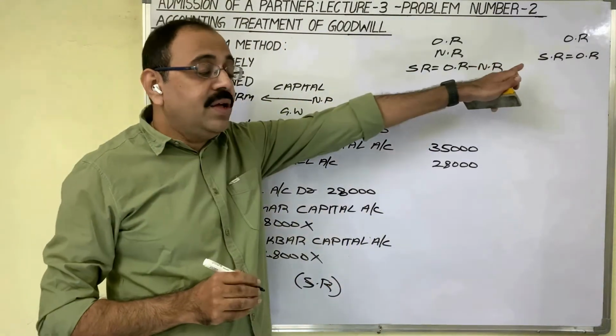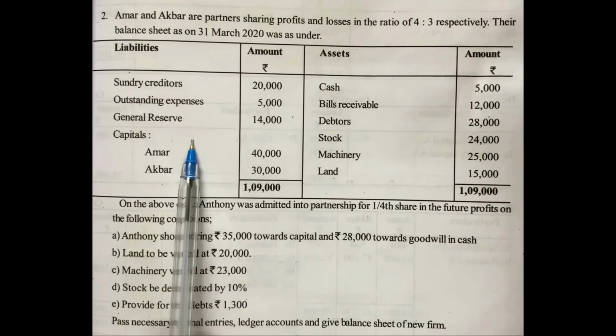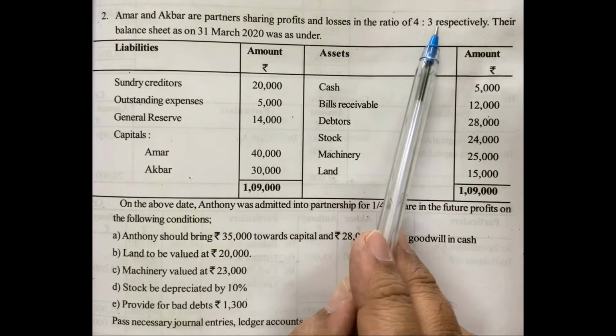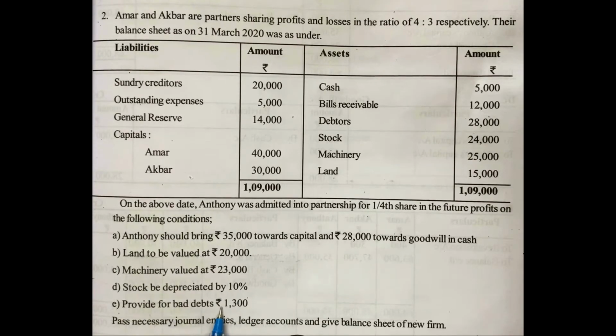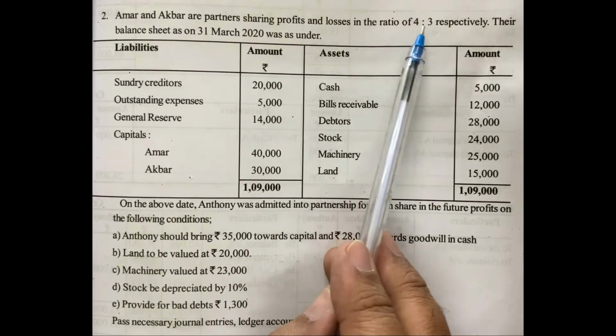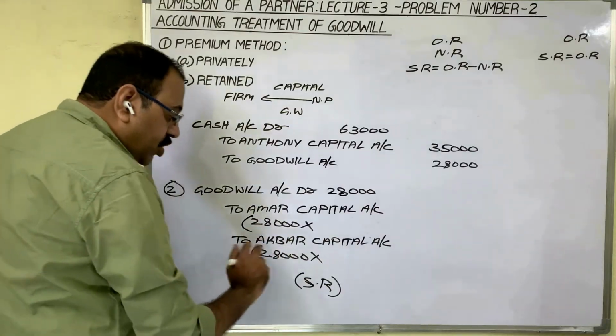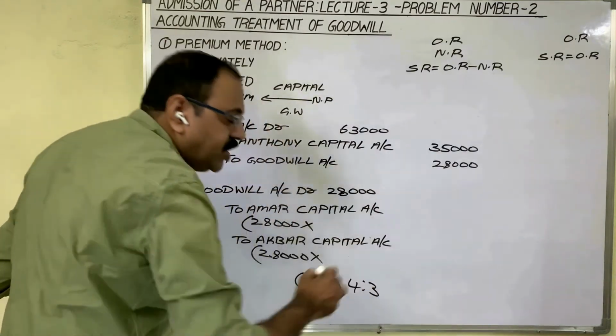Why like that? Proof also I explained in problem number 1. In the question, old ratio is given as 4:3 and there is no new profit and loss ratio. As the new profit and loss ratio is not given in the question, old ratio becomes sacrificing ratio. 28,000 rupees we have to distribute in 4:3 ratio.